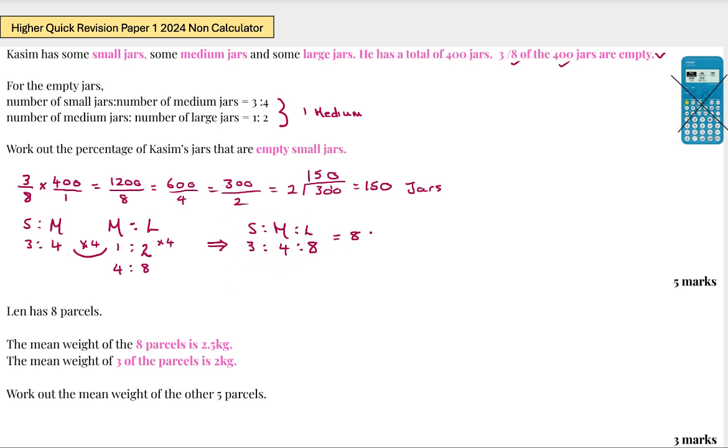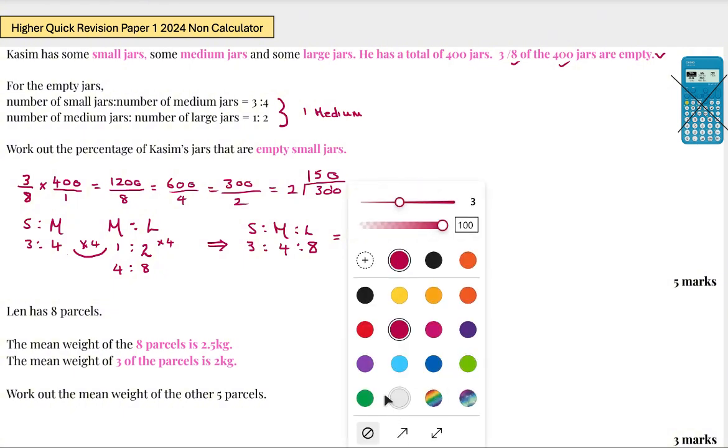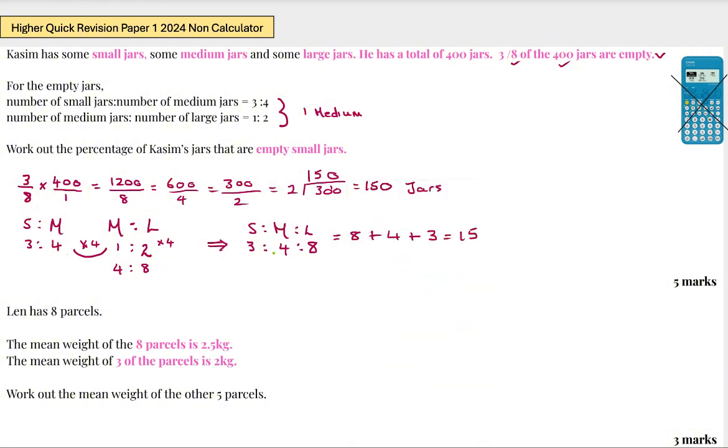Find out all our parts, which is 15. So I've got 15 parts. Now we're looking for the small empty jars. So our small empty jars are here, 3. So now we've got 3 over 15.